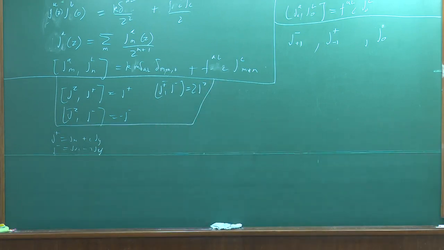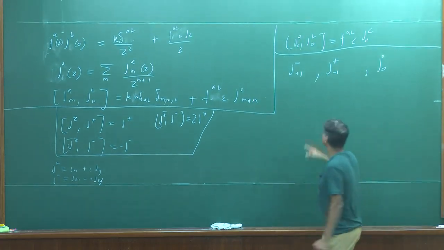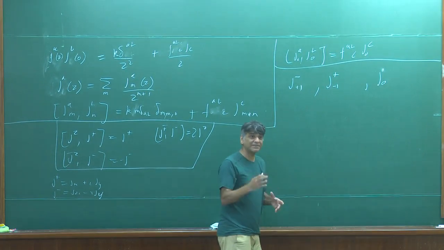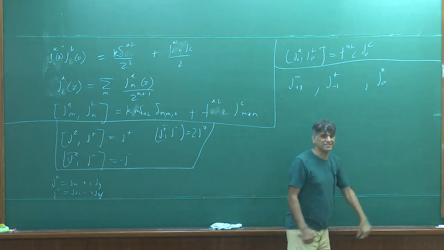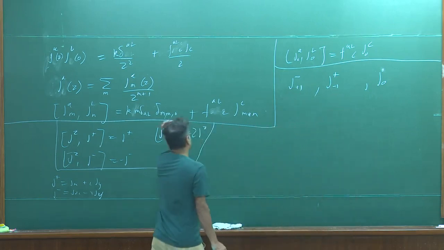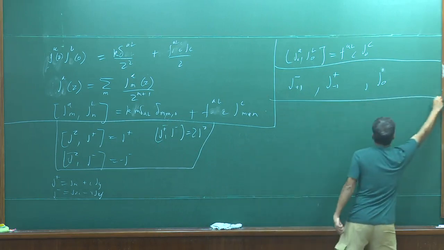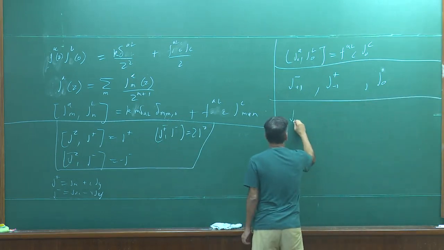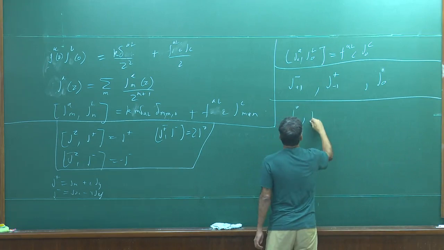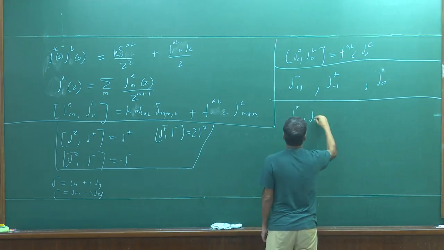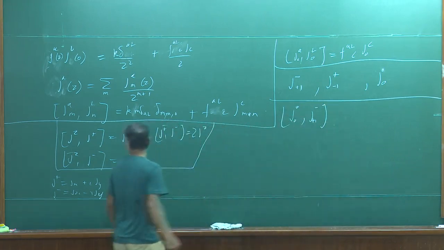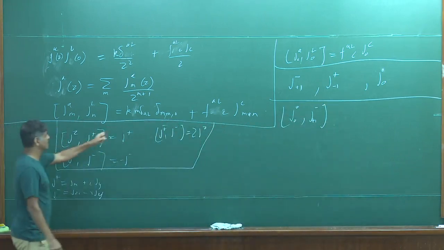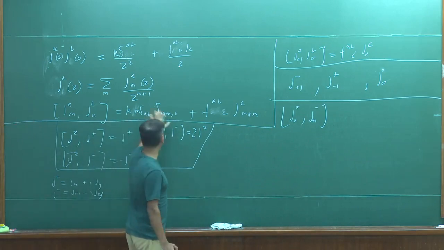Okay, so now with this written down, let's figure out the commutation relations for these guys. You see, now I'm doing something new. I'm not looking at the zero modes anymore. I'm looking at the plus and the minus modes. Firstly, J0^z with J_{+1}^minus. Now in this case, these two are not equal to 0, so the central term doesn't click.